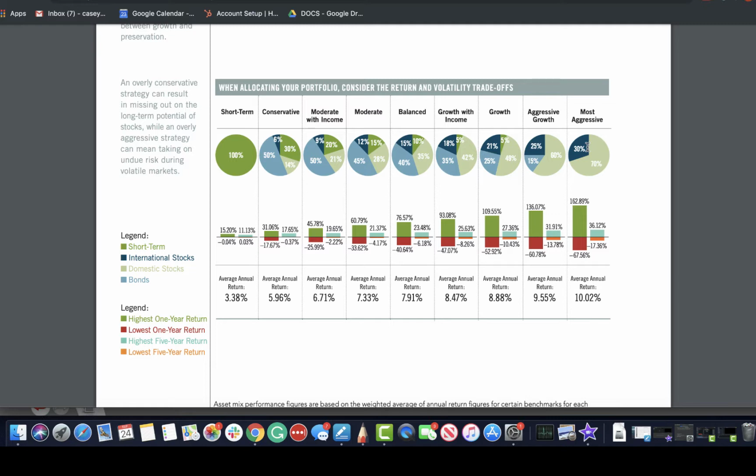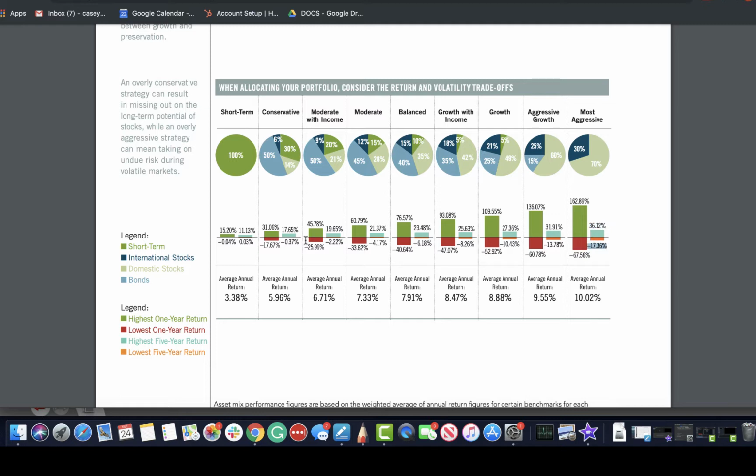Within this chart, you can see the average annual return of each portfolio listed at the bottom. In addition, if we're looking at the most aggressive portfolio, you can see the best one-year performance is at 162, almost 163%. The worst one-year performance is almost 70% down. And then it also shows you the best 5-year and the worst 5-year time frame.